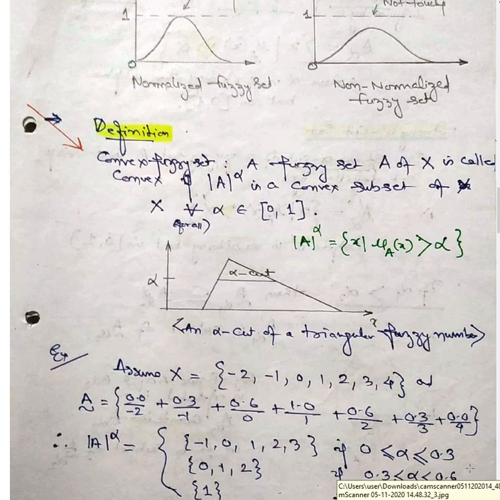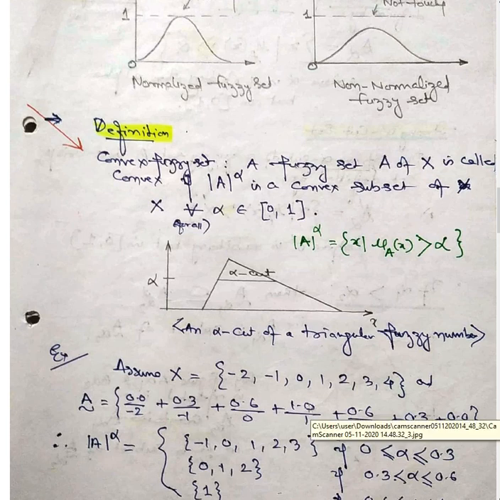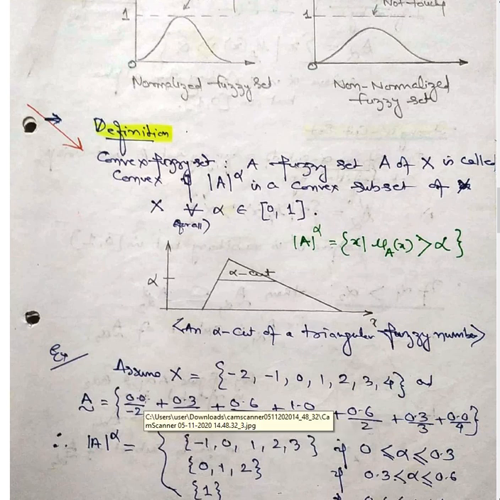if alpha is between 0 and 0.3. Anything which has a membership value in that range, within this range, if anything is available, those values you have to consider, and that is the set of the x. So here, for 0.3, you get -1, then 0.